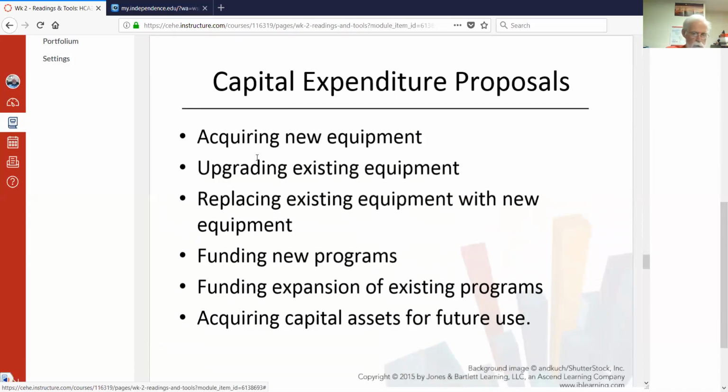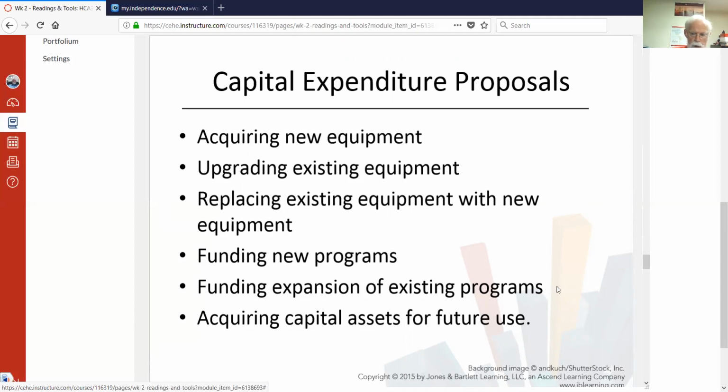So this could be, as we've talked about, acquiring or upgrading equipment, replacements, new programs. Your facility may decide that it needs to add a long-term care or a memory care unit if it doesn't have one. These are expensive.